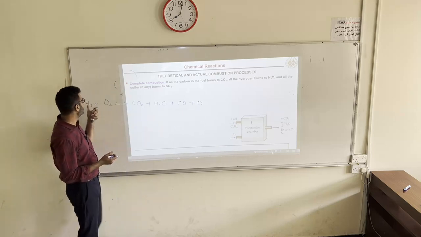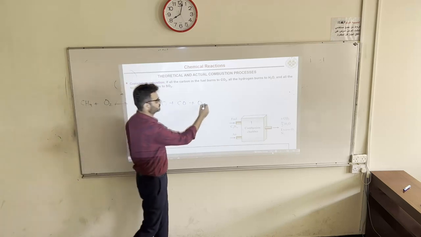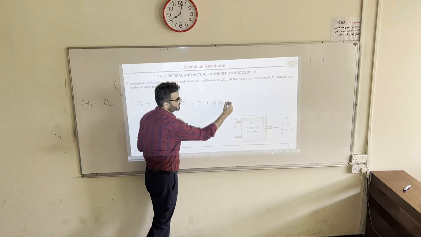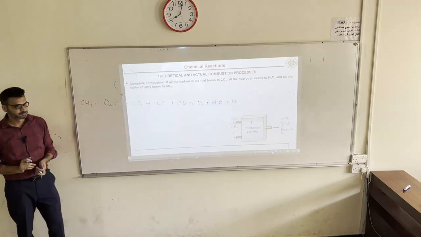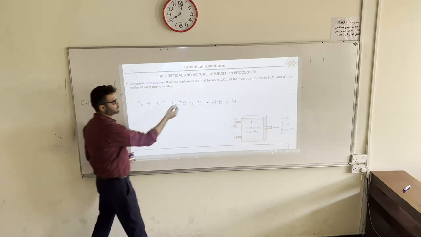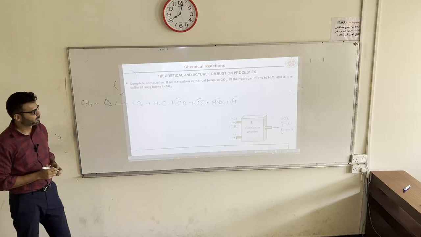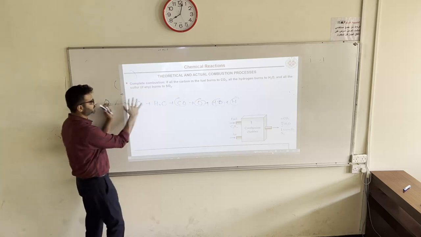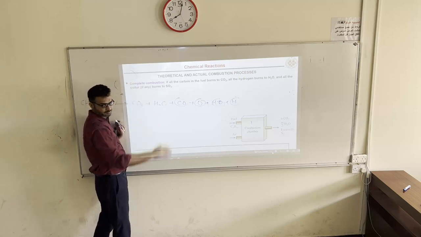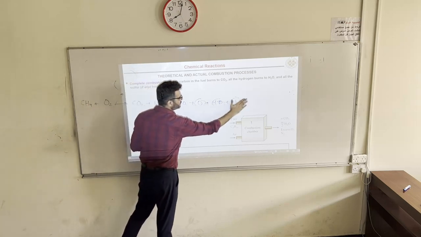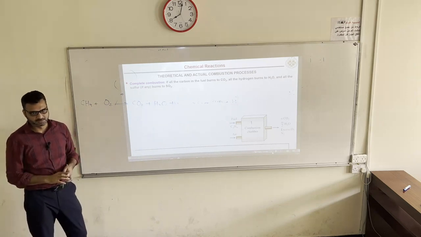Or some of the hydrogen does not react fully with oxygen and we get OH or H. These are incomplete combustion. Complete combustion means all of the carbon converts to CO2, all of the hydrogen converts to H2O, and we get maximum heat out of it, and there will be no unburnt or half-burnt things in it.